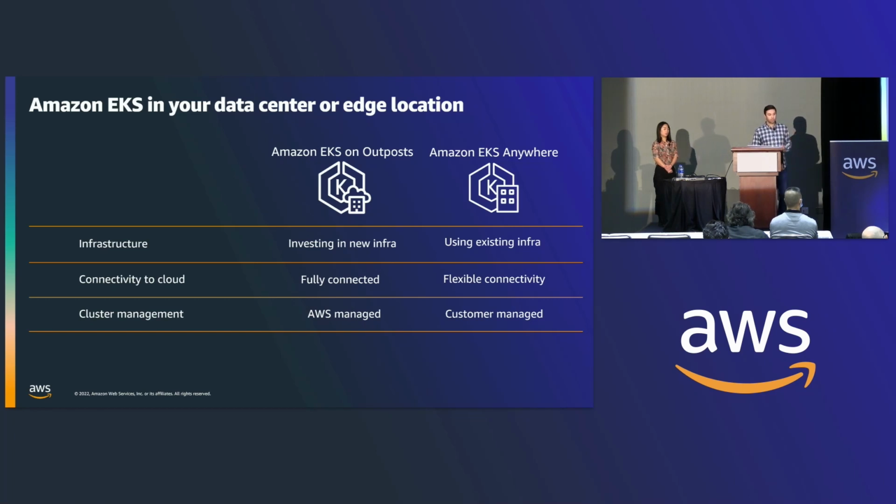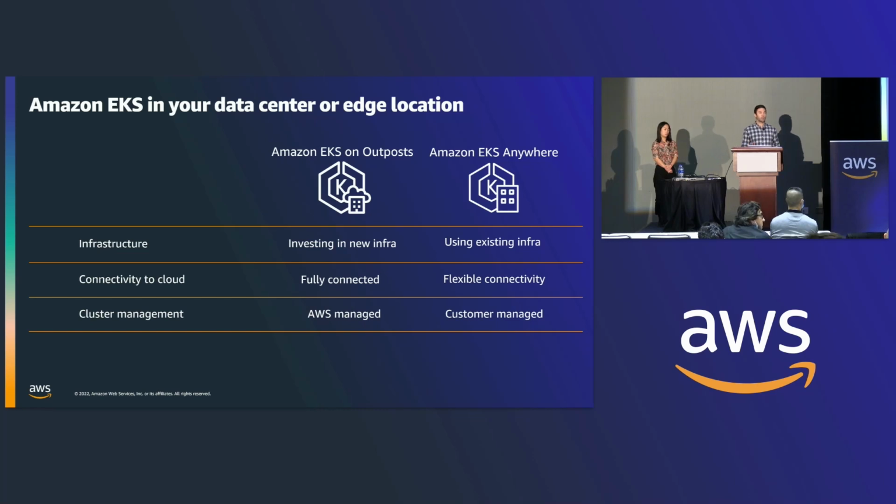And the second differentiating factor here is connectivity to the cloud. One important thing to understand about AWS Outposts is that it's a fully connected offering. It's quite literally an extension of what runs in an AWS region or local zone into your own data center. And in order to facilitate that, it requires a reliable connection back up into an AWS region.